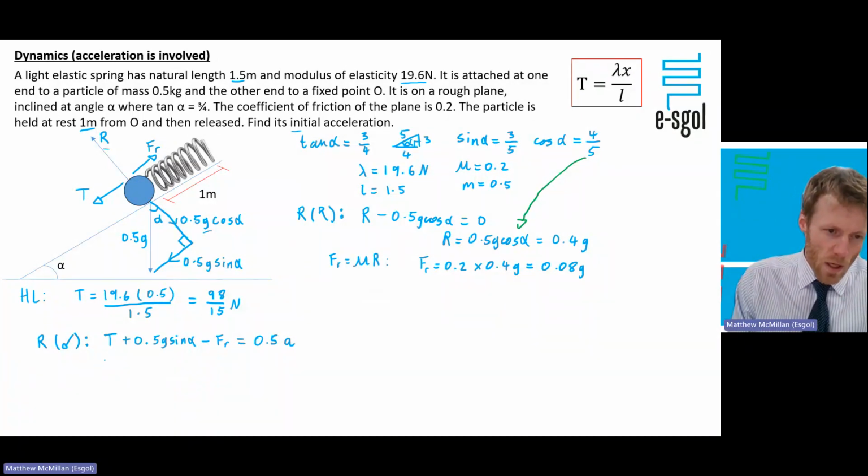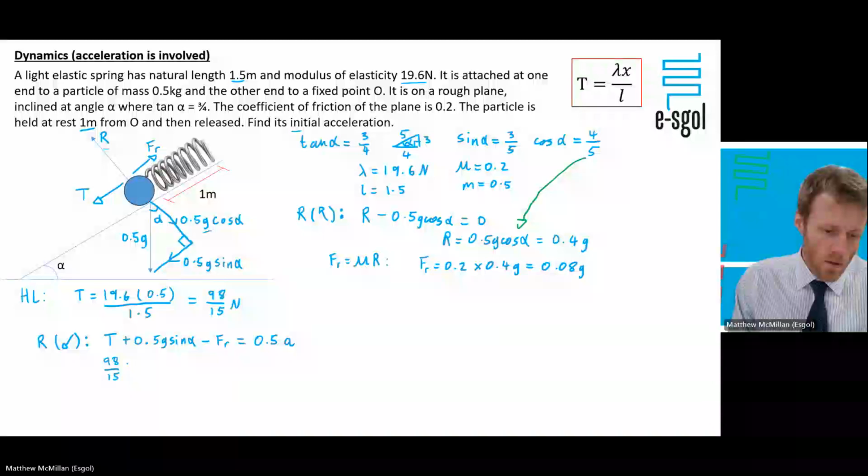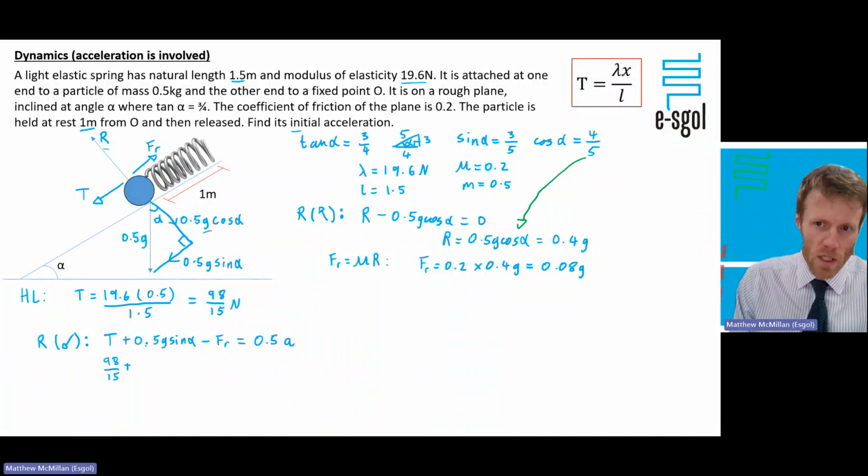Now, we've got values for each of these things. So the thrust is 98 over 15, plus 0.5 g times sine of alpha. Well, we can calculate that because we've got sine alpha. So this is 0.5 g times 3/5. And then the friction we've just worked out, 0.08 g.